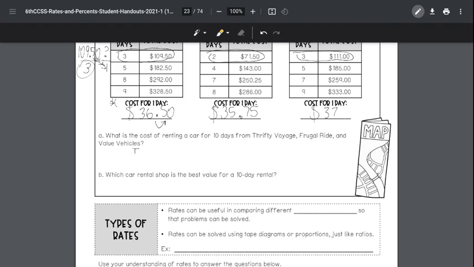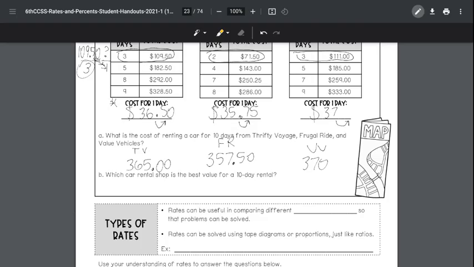So Thrifty Voyage is becoming $365 for 10 days. 1 spot to the right. Frugal Ride is going to cost us $357.50. 1 spot to the right. Value Vehicle is going to cost us $370.